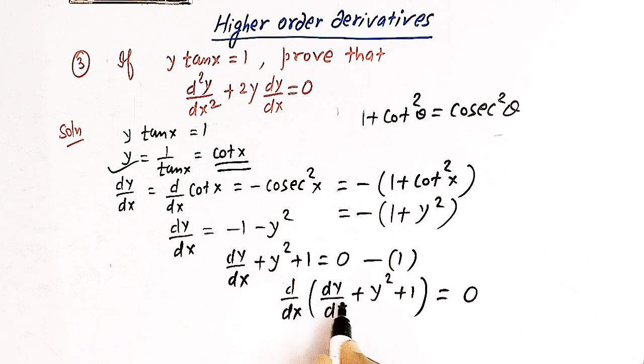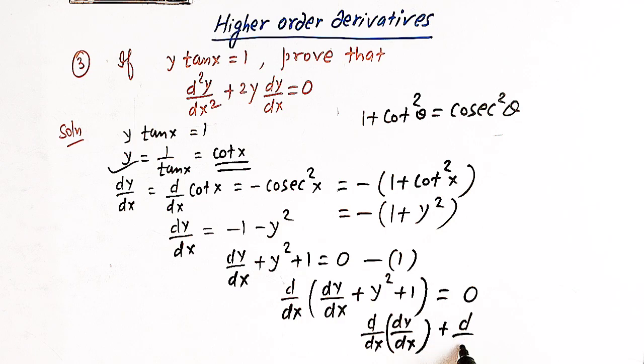Differentiating term by term, the first is d by dx of dy over dx, then d by dx of y square, and the derivative of 1 is 0 because 1 is a constant.